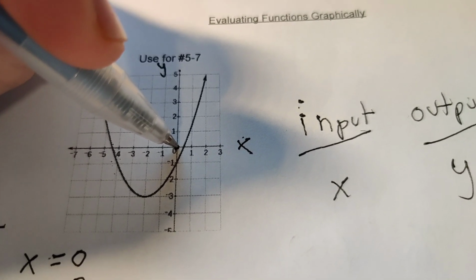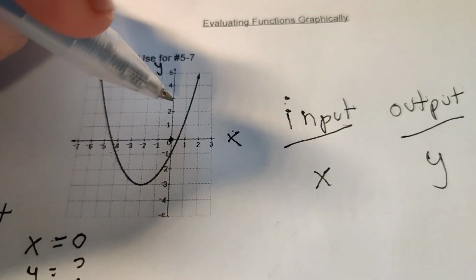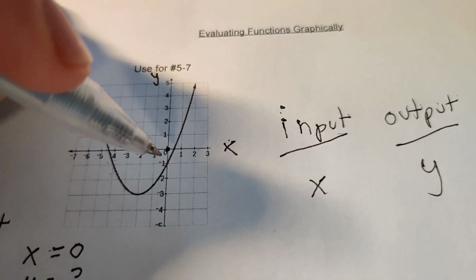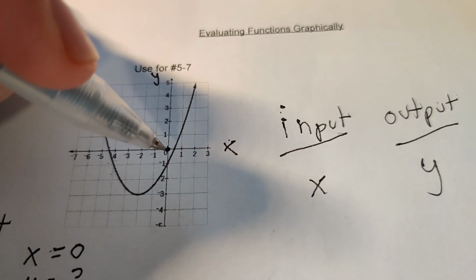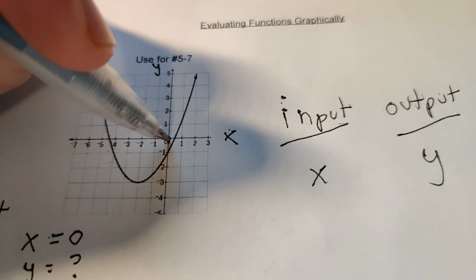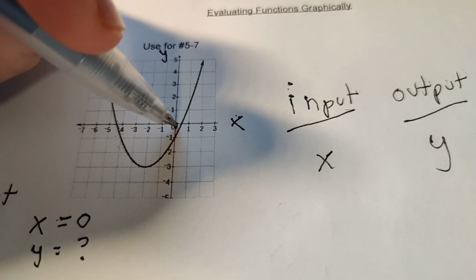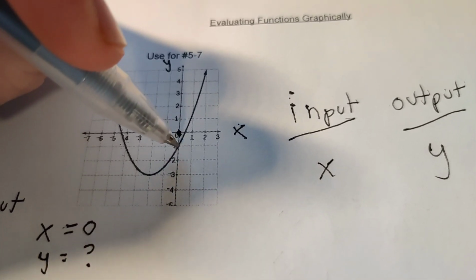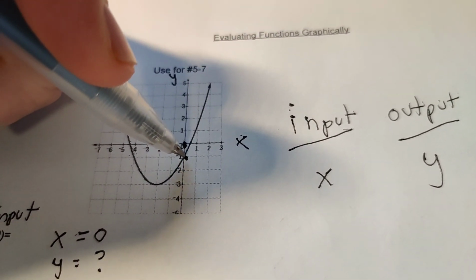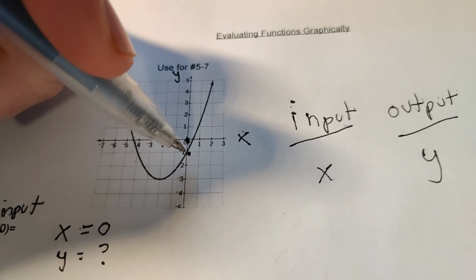To do so, we're going to move vertically because the y-axis is the vertical axis, and we want to try to see where the graph is at that point. So from 0, I have to go down to get to the graph, and I have to go over here, all right? I'm going to ask myself, over here, what's the y value?